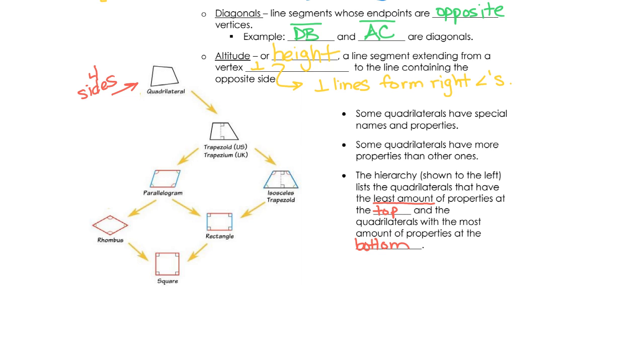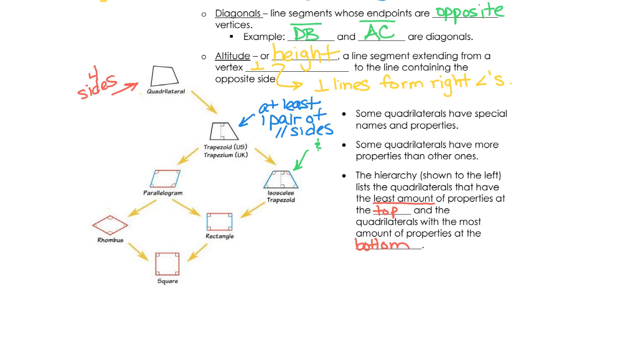Whereas a trapezoid has at least 1 pair of parallel sides. When we get to the isosceles trapezoid, it also has at least 1 pair of parallel sides, which makes it a trapezoid.